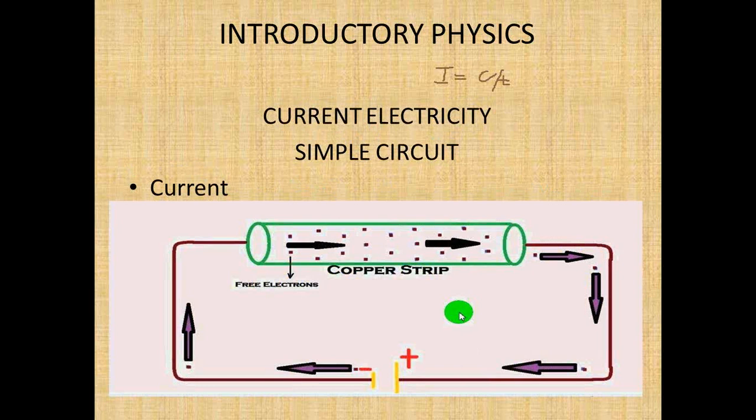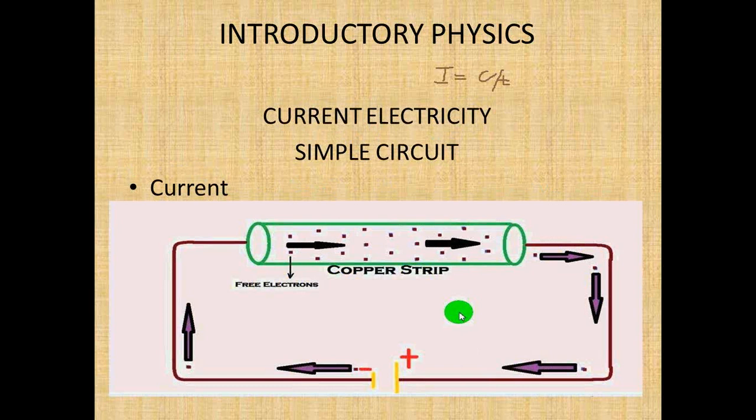When they travel, the electrons are going to collide with atoms, and when they collide with atoms, they're going to bounce all over the place.